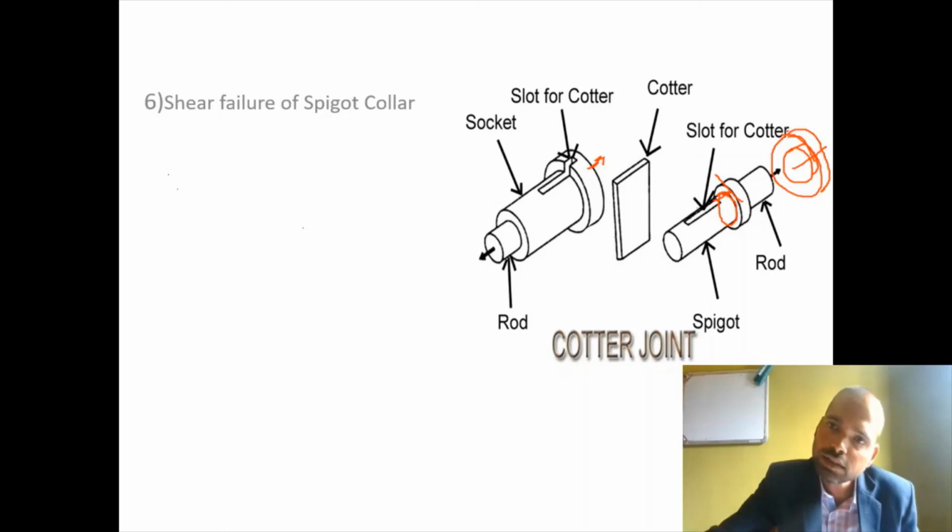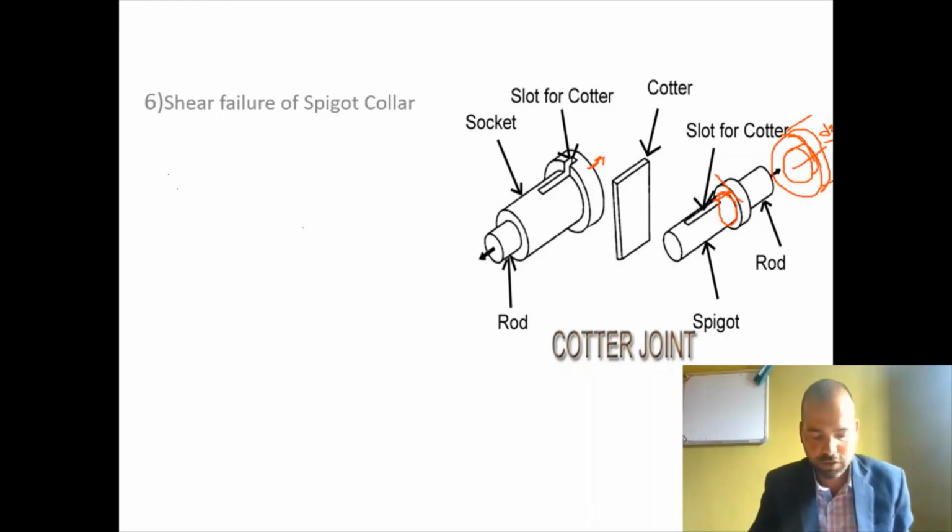This ring is having diameter D3, right? It will come out of the rod of the spigot collar. So what is the area under shear? Area under shear will be the circumference of that ring.